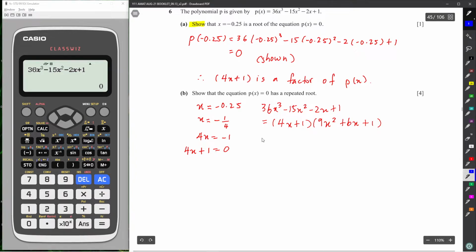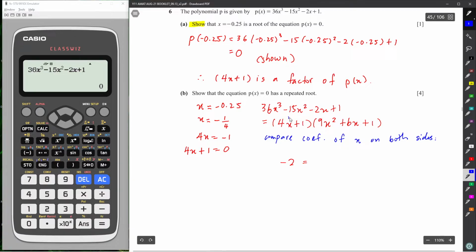So here, compare the coefficient of x on both sides. On the left hand side, the coefficient of x would be negative 2, and on the right hand side, we have to see the product of which two terms will give us an x term.